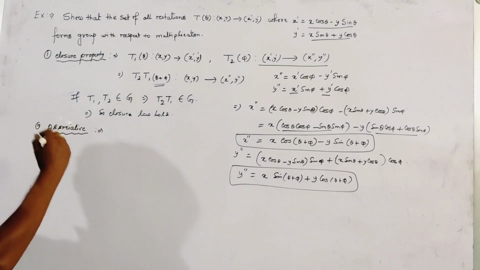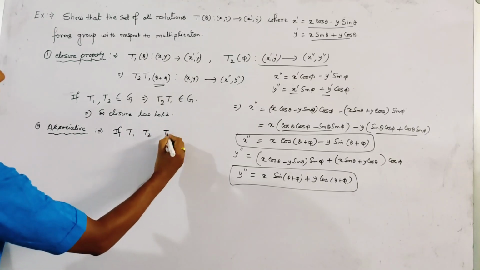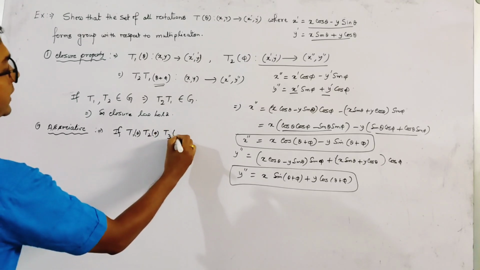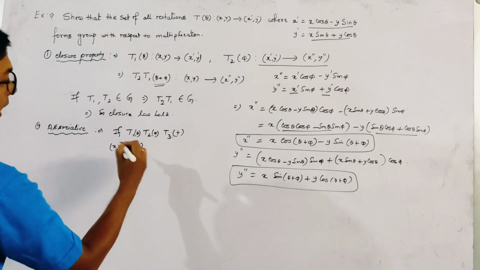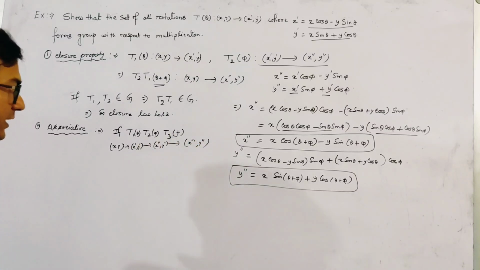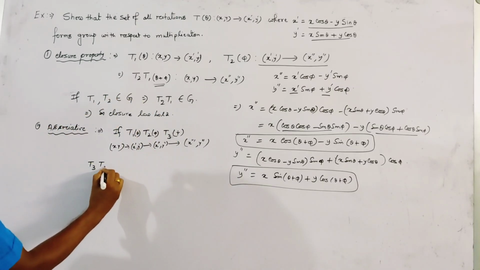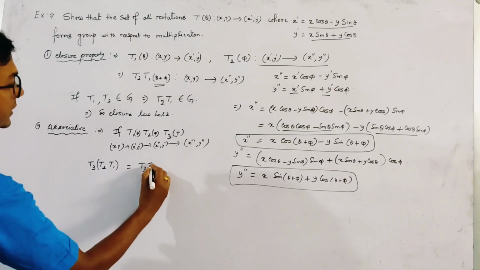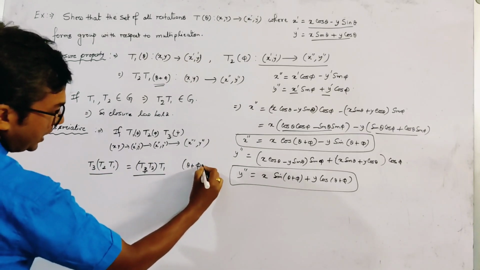Here we write that if T1, T2 and T3 are the rotations of theta, phi and psi respectively, with T1 from (x, y) to (x', y'), T2 from (x', y') to (x'', y''), and T3 from (x'', y'') to (x''', y'''), then the compositions T3 composition (T2 composition T1) and (T3 composition T2) composition T1 are both the rotation by the angle theta plus phi plus psi.